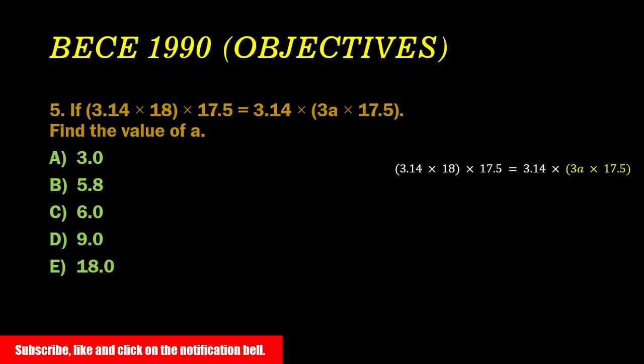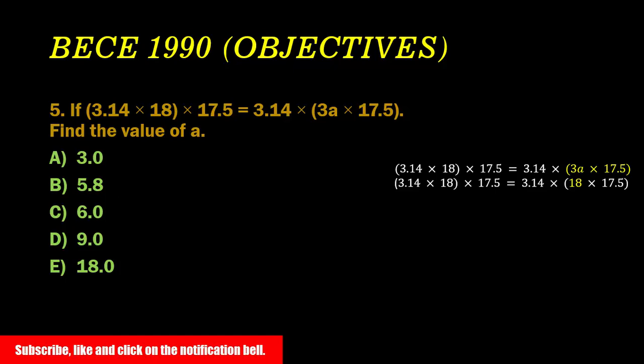Now, if you remember your associative property, you realize that we can rewrite the expression above as shown on the screen. For instance, 3.14 times 18 times 17.5 can be written as 3.14 times quantity 18 times 17.5.